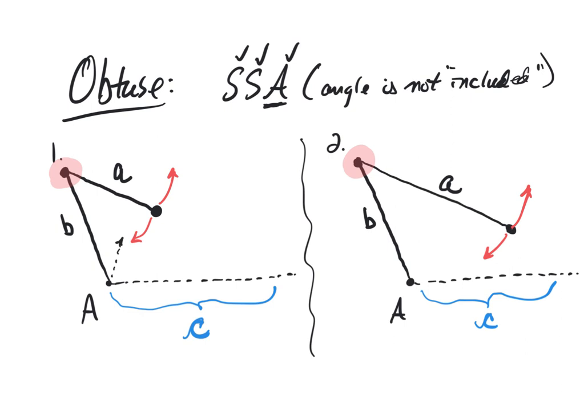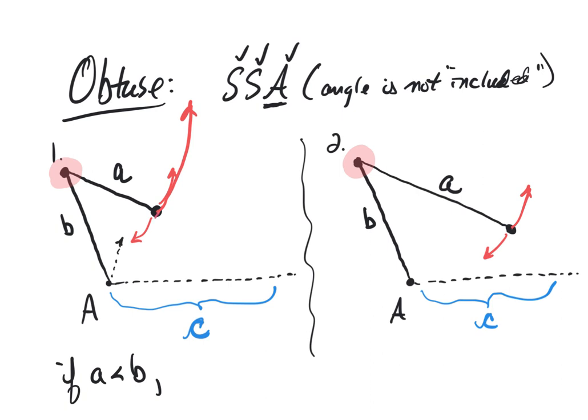If A is shorter than B, no matter where you swing A, if you swing it up, it makes no sense because you can't create a triangle.